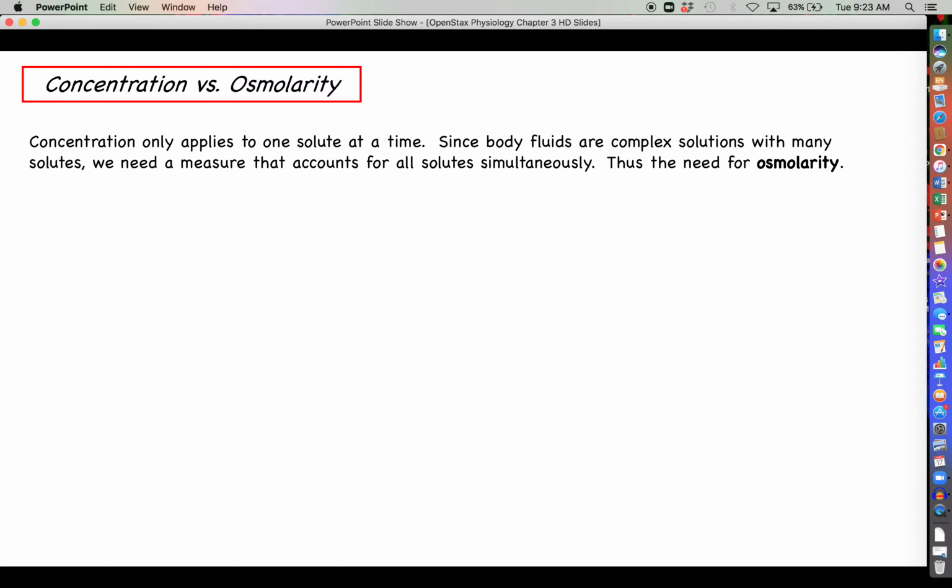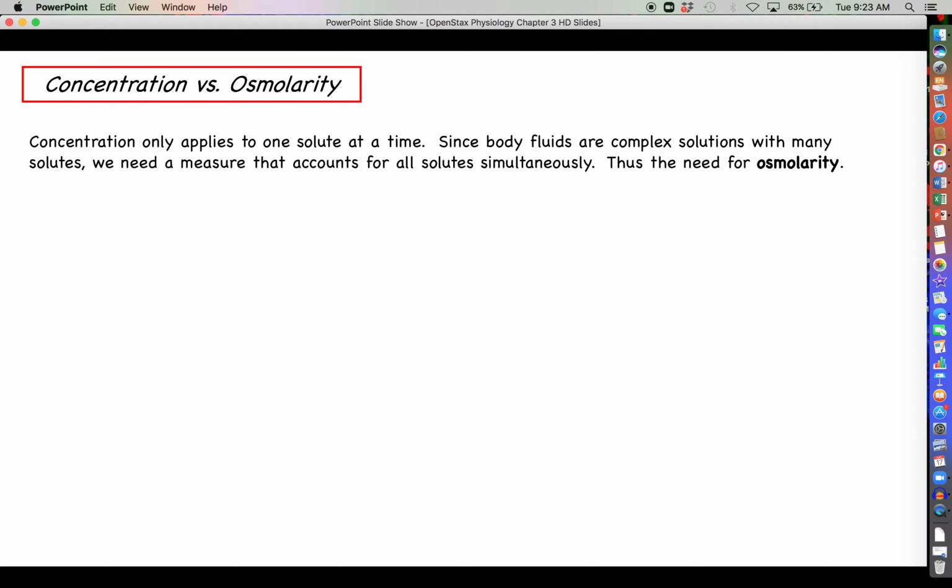Okay, so when you're trying to determine when and how osmosis occurs, you're going to have to keep track of all of the appropriate and relevant solutes in a particular bodily fluid. Now, this isn't just going to be one solute. It's not going to be just sodium or just glucose.